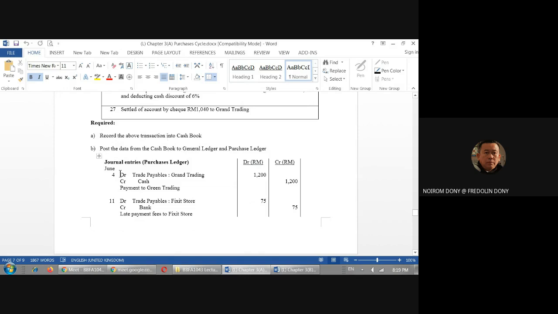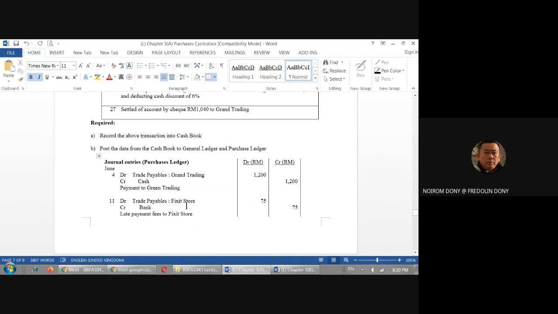So we debit trade payable, like what I've explained to you, because the effect is reducing the trade payable, which is a credit item, a liability. And then we credit cash, because reducing a debit item. Cash is an asset, a debit item.